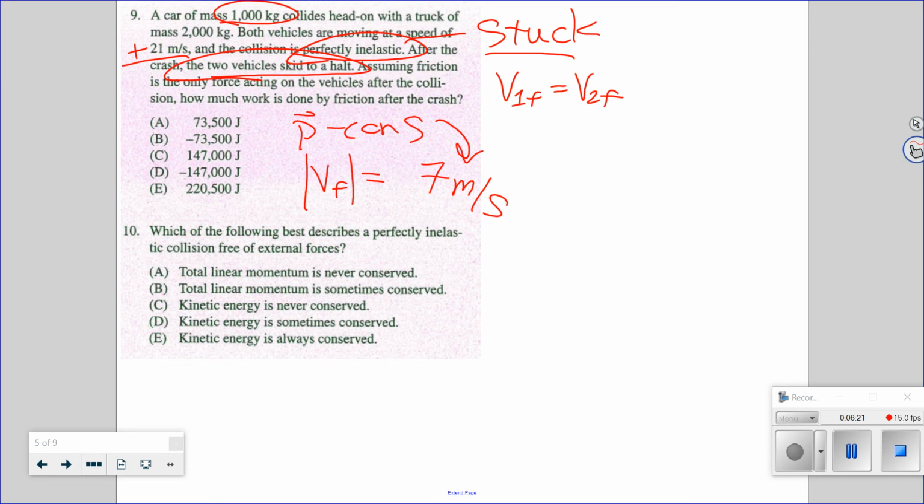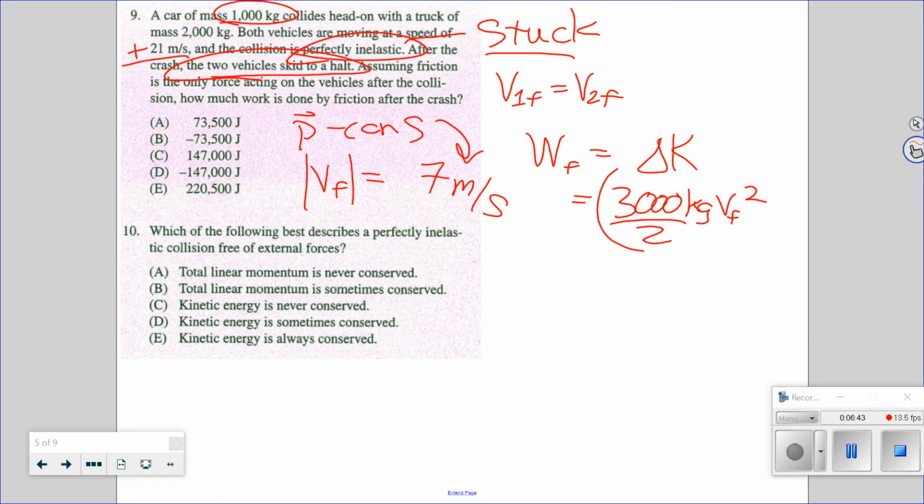Well, so the work done by friction is minus the change in kinetic energy. Oh, and actually, no, it is the change in kinetic energy. Okay, so that's the total mass, kilograms, divided by 2 times V final squared, with a negative sign because you came to a stop.